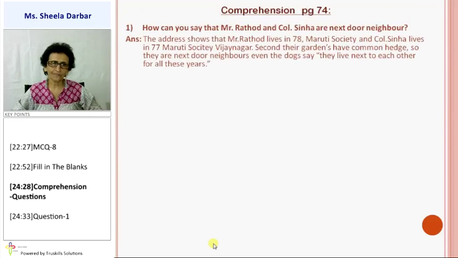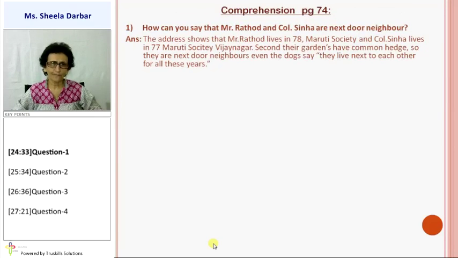Comprehension. First question coming your way. How can you say that Mr. Rathore and Colonel Sinha are next door neighbors? See the answer. The address shows that Mr. Rathore lives in 78 Marathi Society and Colonel Sinha lives in 77 Marathi Society, Vijayanagar.